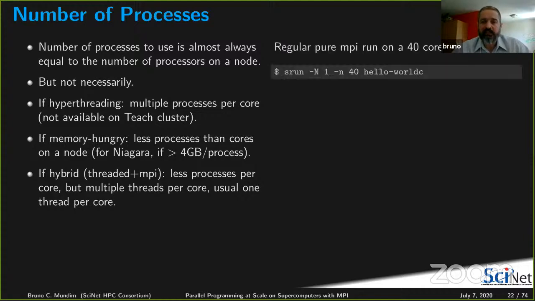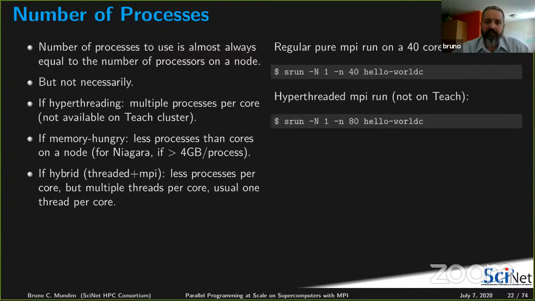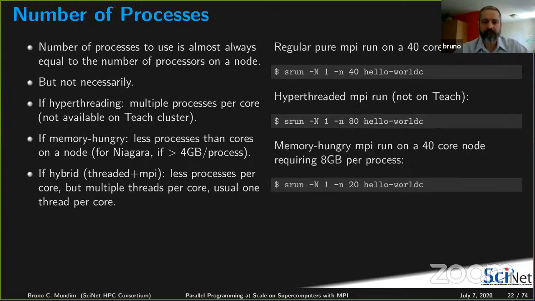The way we do this with Slurm is, for example, let's say we're going to run pure MPI on a 4-core node. You just ask for one node and the number of cores, 4 in this case. If you're using hyper-threading, for example on Niagara, you have 2 threads per physical core, so you would ask for 80 processes, 80 tasks.